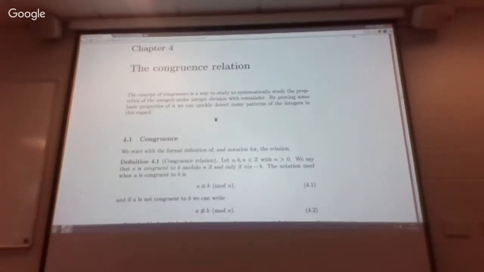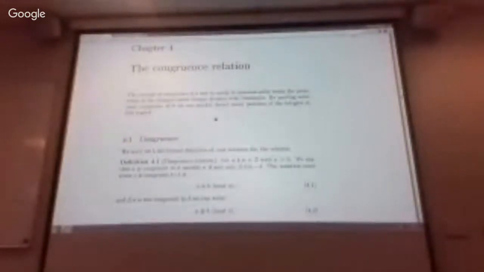So you've got this infinite set of integers, in which there's an infinite number of things. And what the congruence relation allows you to do is sort them in such a way that you've only got a finite number of things to look at, a finite number of buckets.